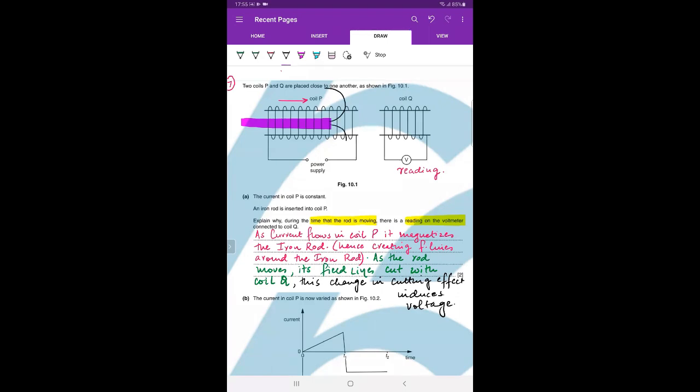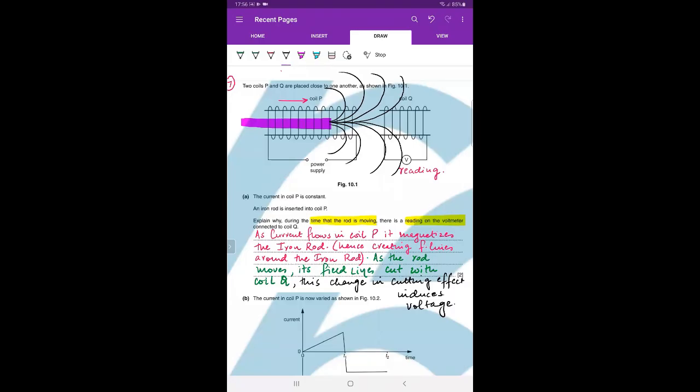So the magnetic field lines for the iron rod, once it gets magnetized, वो मैंने draw कर ली है. अब you should be able to clearly see that these field lines are cutting with the coil Q. So as the rod moves, there is going to be a change in cutting effect between the field lines and the coil Q. And this change in cutting effect will induce a reading on the voltmeter. ठीक है ना?